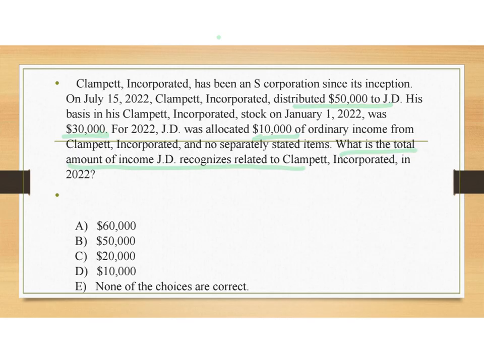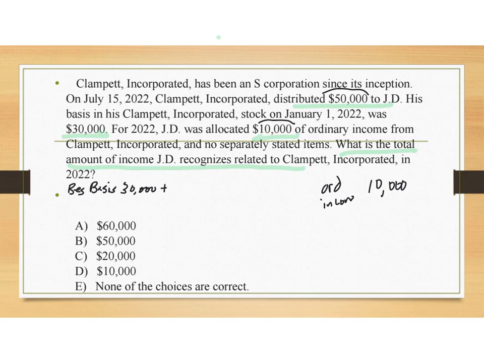Okay, so let's figure that out. Obviously he was allocated $10,000 of ordinary income, so we know he's got $10,000 of ordinary income. But is there a tax impact as a result of this distribution? We know that his beginning basis was $30,000.